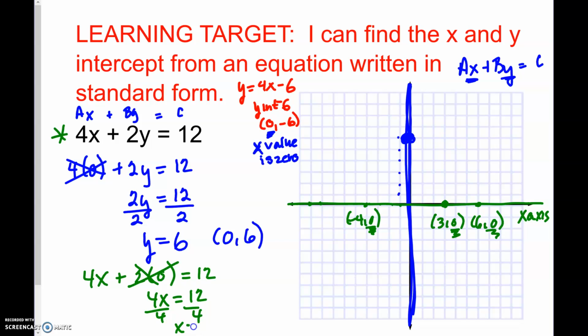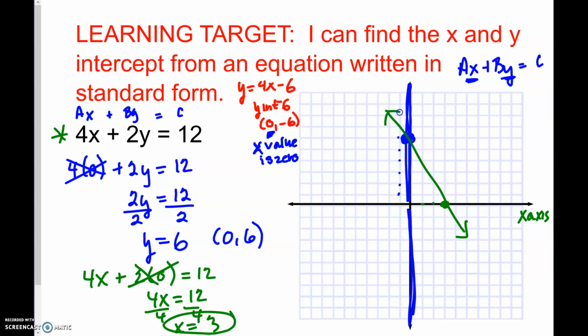So the x-intercept is 3. Okay, so now I'm just going to go on to my graph here, get rid of these points, so that I only have the one graph that I need. All right, so we're going to go here, and what do we find? X is 3, so 1, 2, 3. Now, we have our 2 dots, so we can connect them and put arrows on the end. So this is another way to graph lines if we know the x-intercept and the y-intercept.